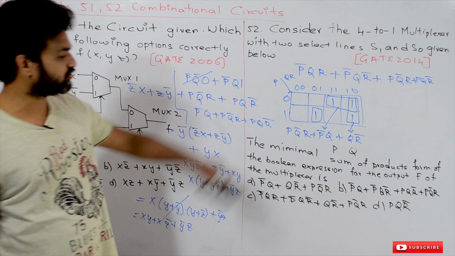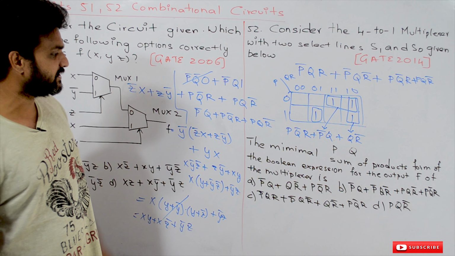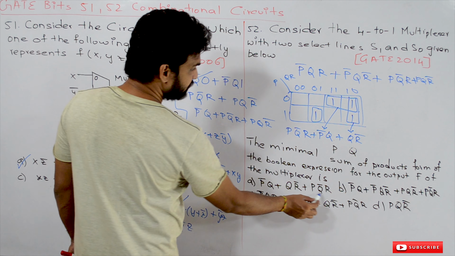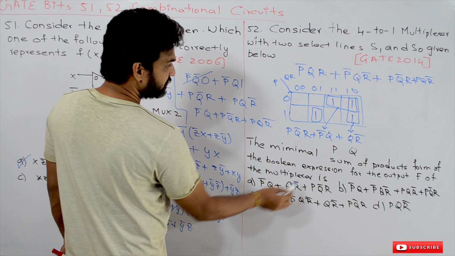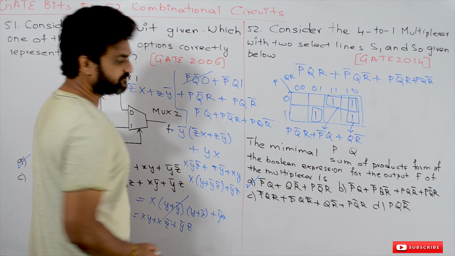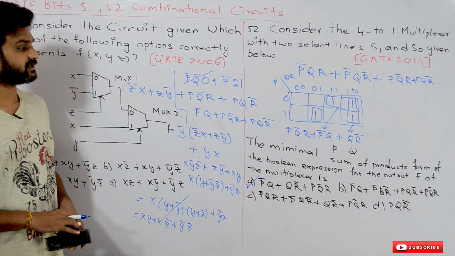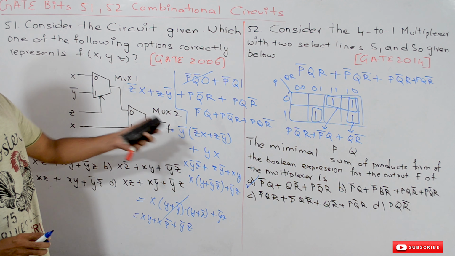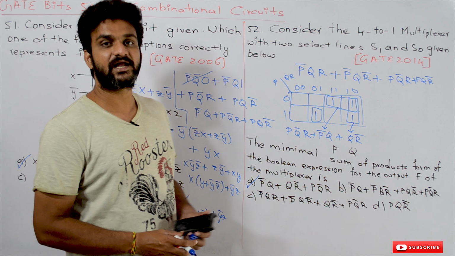So which expression is this equivalent to? It is p q bar R, p bar q and q R bar. So option 1 is the right option. This is how we can solve these problems. Hope you got clarity on this concept.